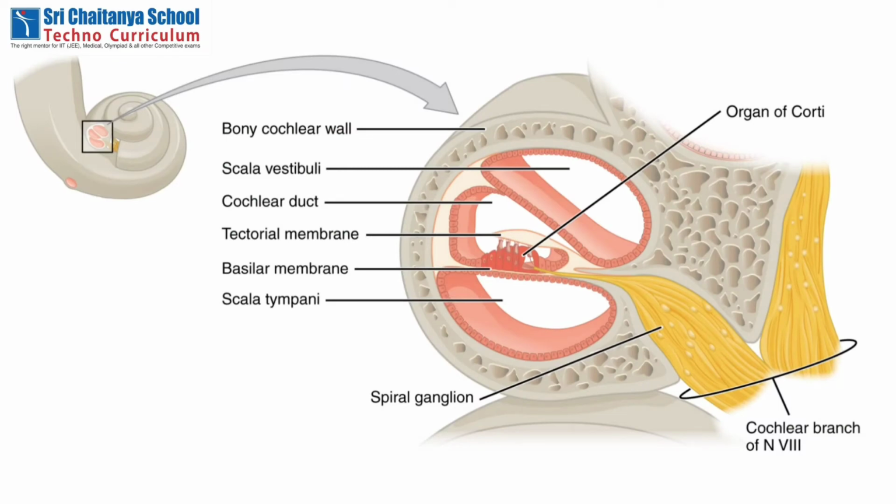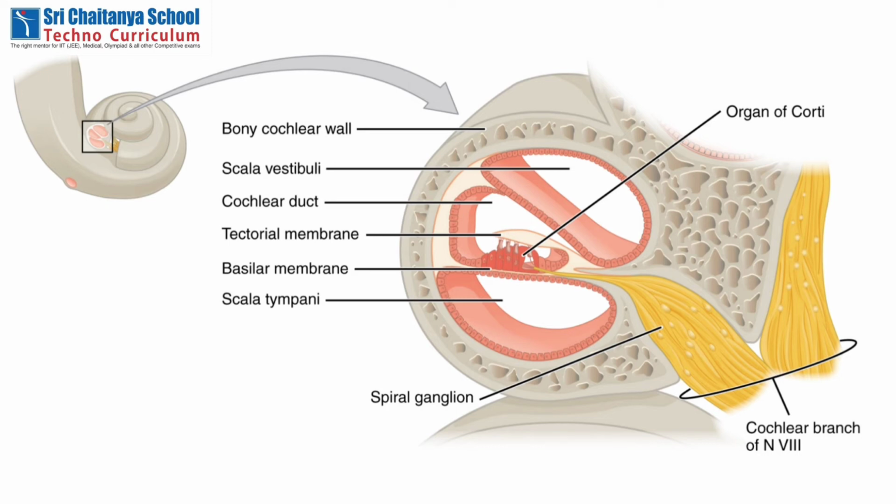The scala vestibuli and scala media are divided by a membrane called Reissner's membrane. Next, the scala media and the last canal, the scala tympani, are separated by the basilar membrane.